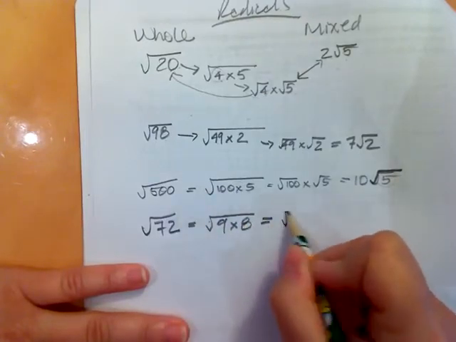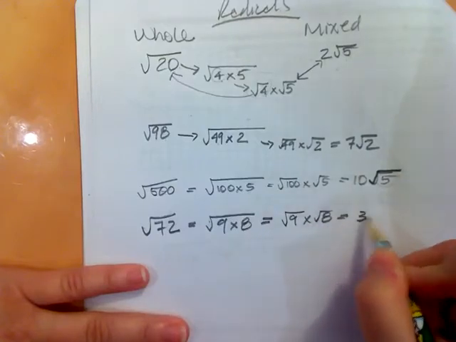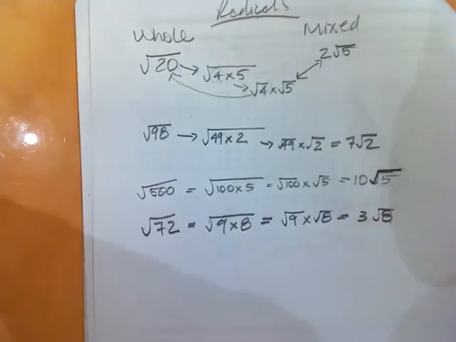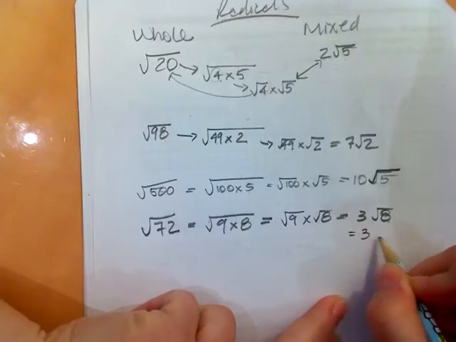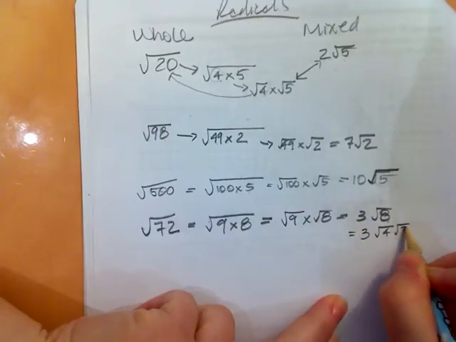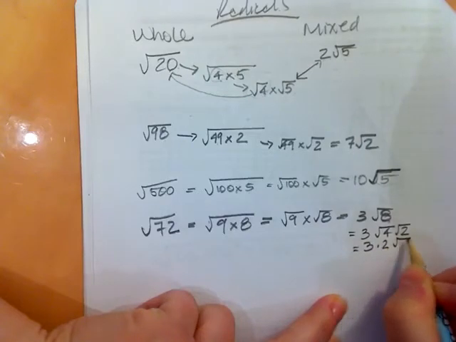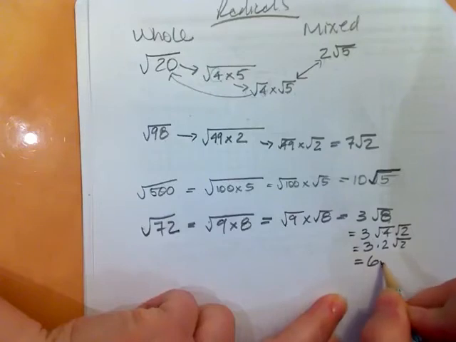And that is therefore equal to root 9 times root 8, which is equal to 3 root 8. Then you look, wait a minute, 8 can be broken down to 4 times 2, and 4 is a perfect square. So you continue with 3 times root 4 times root 2, and then this is 3 times 2 root 2, because root of 4 is 2, and then you multiply these two, and you get 6 root 2.